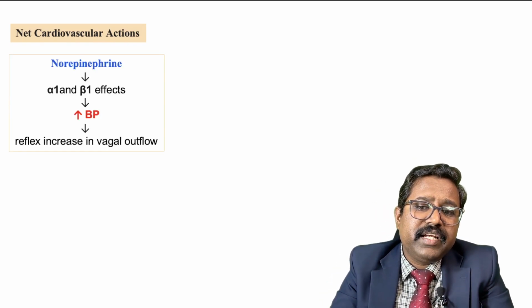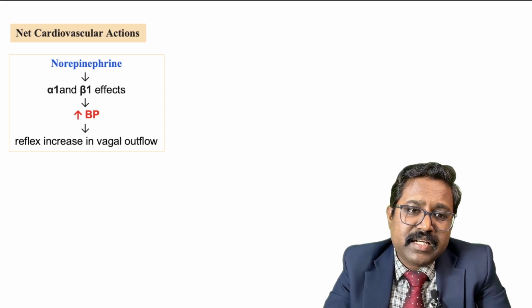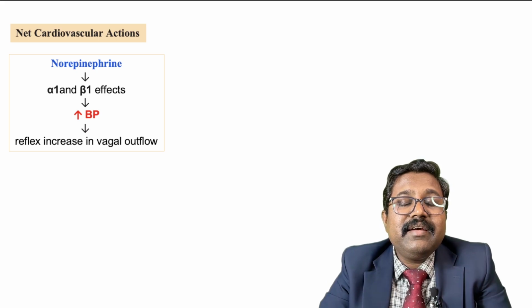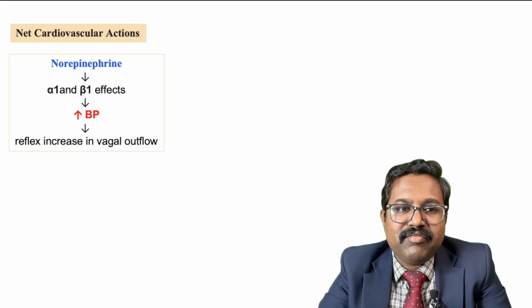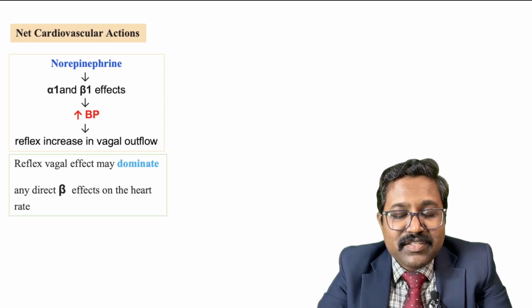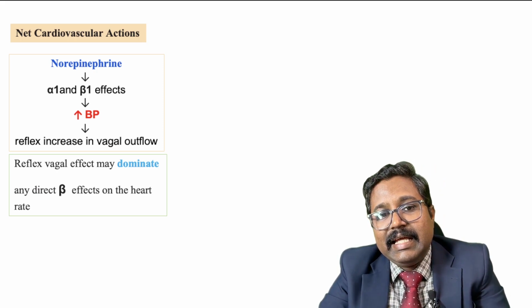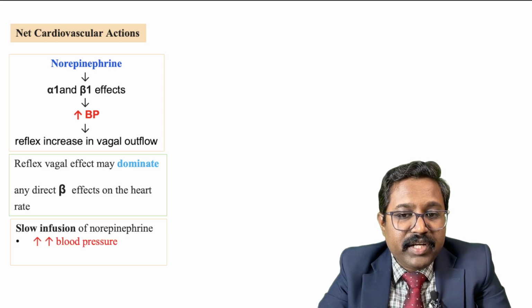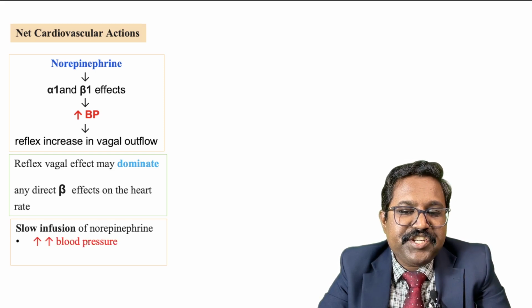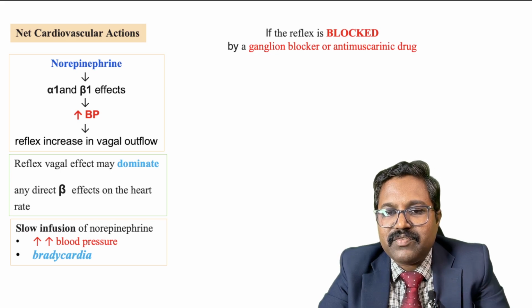Norepinephrine will activate both alpha 1 as well as beta 1 receptors, leading to increase in the blood pressure, which in turn leads to reflex increase in the vagal outflow. So the reflex vagal effect may dominate any of these direct beta activated effects on the heart, and slow infusion of norepinephrine will initially lead to increase in the blood pressure followed by bradycardia due to the reflex vagal activity.